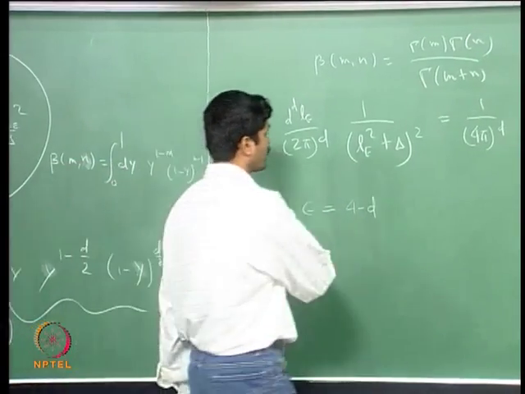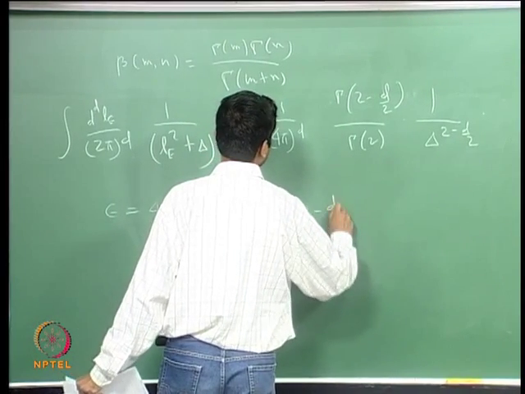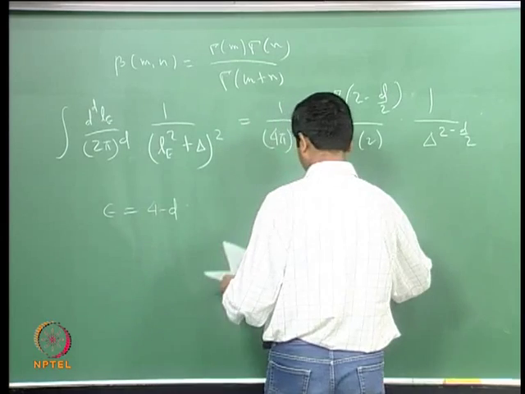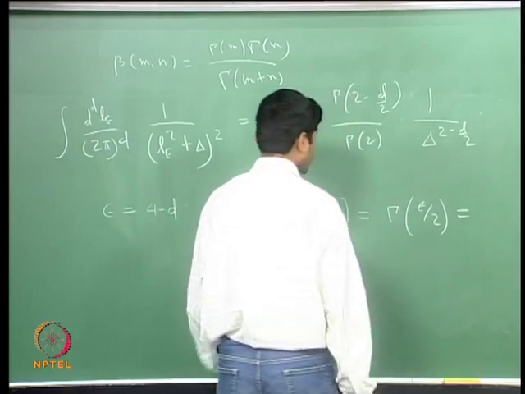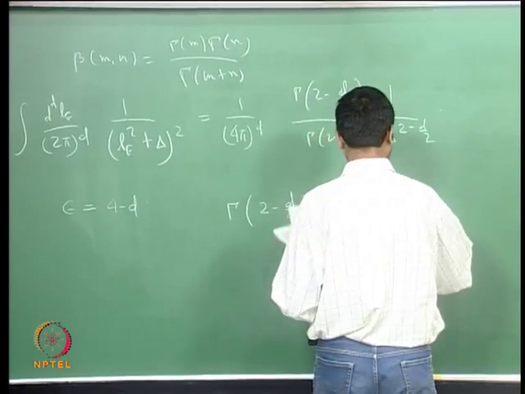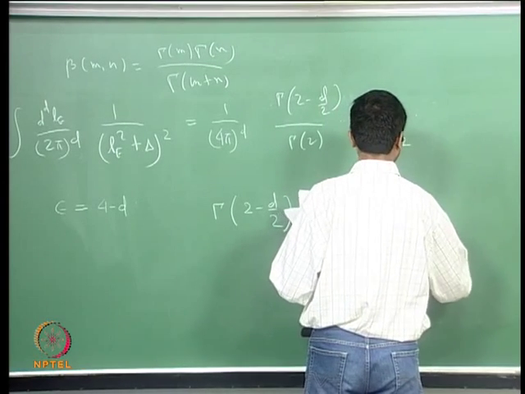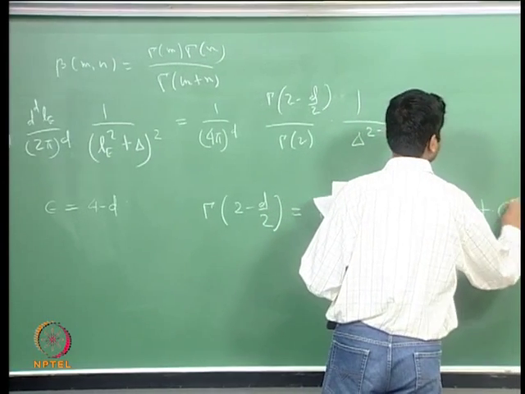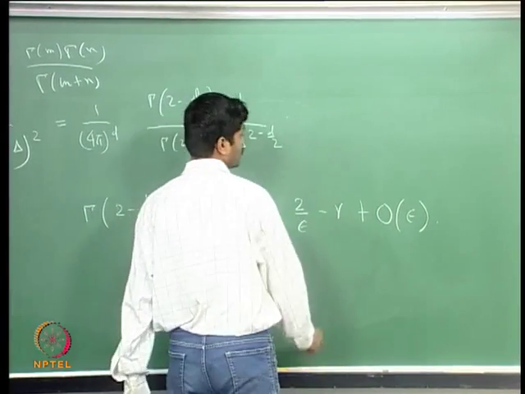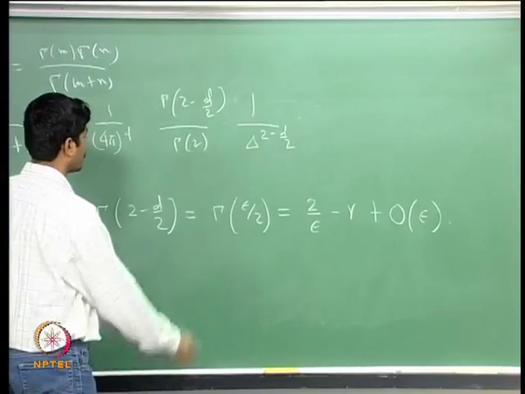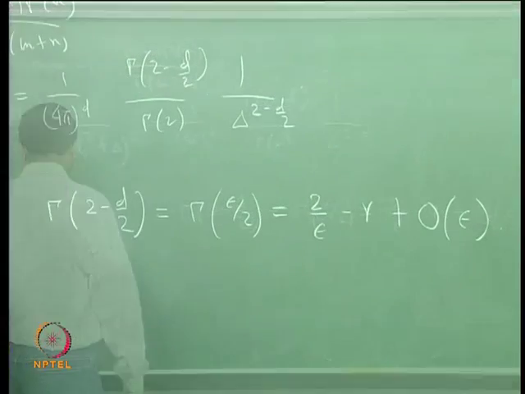So, when epsilon tends to 0, gamma of 2 minus d by 2 basically becomes gamma of epsilon by 2, and then you can use the expansion for gamma of epsilon to get this to be 2 over epsilon minus gamma plus an order epsilon term, where gamma is the Euler's constant. So, this is the expansion for the gamma function, and then you can see that there is a pole here.